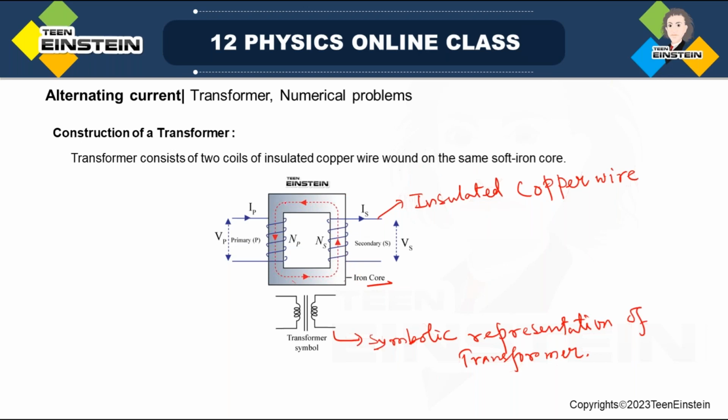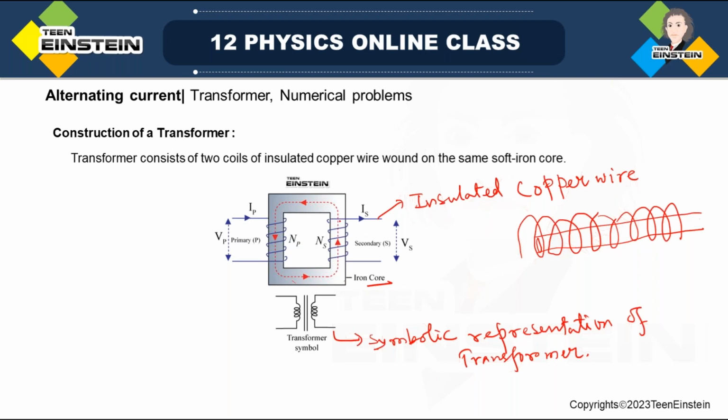See, so this is the core. Like we have discussed the solenoid, right? A solenoid is a coil of a large number of turns of insulated copper wire. And to increase the strength, we wind this wire over a soft iron core, right?